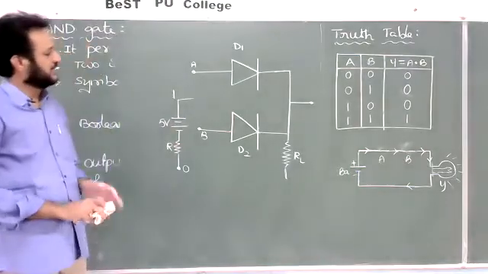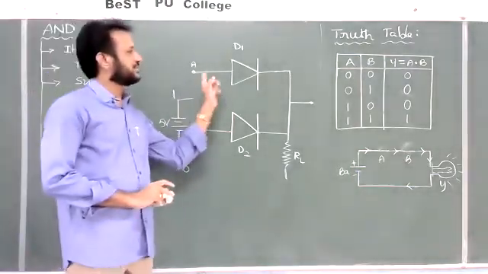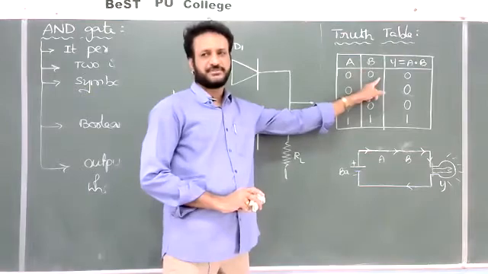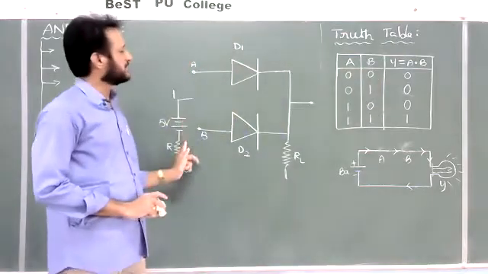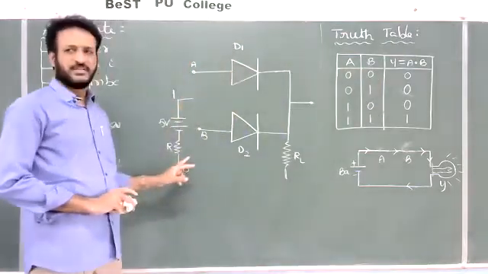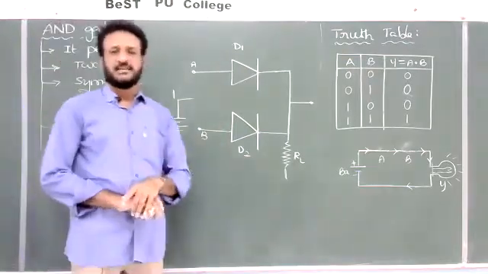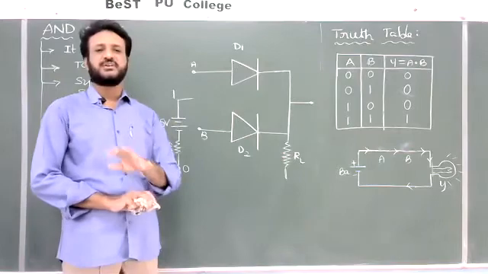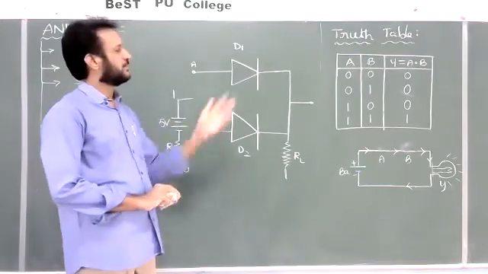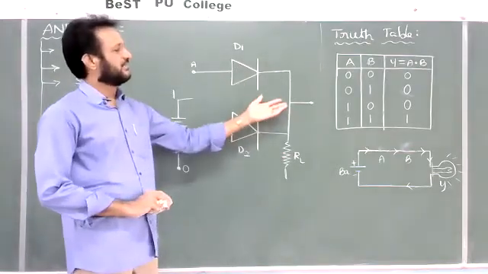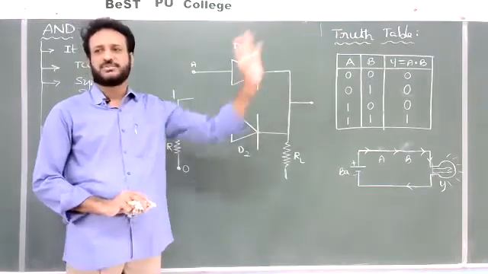So here for example, whenever A is equal to 0, B is equal to 0. A and B both are 0 means both are connected to the ground. So automatically both the diodes act like a reverse bias. Both are reverse bias means doesn't allow any current. Whenever both are not allowing any current, the output will be low, should take 0.